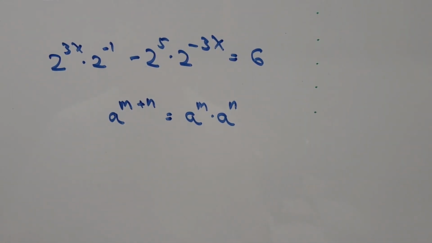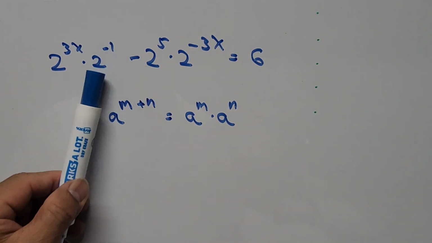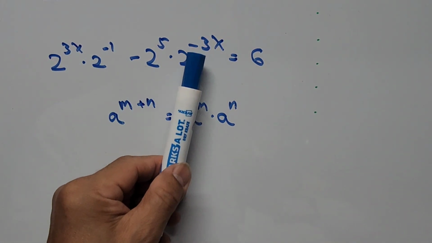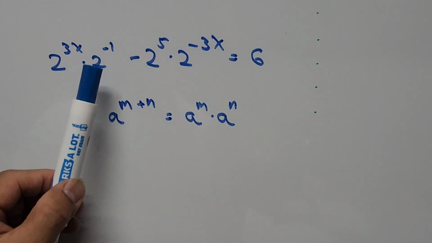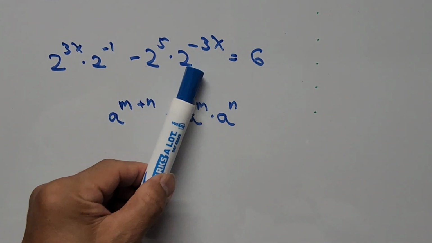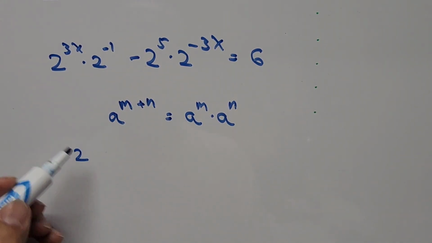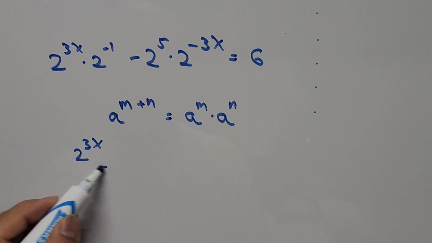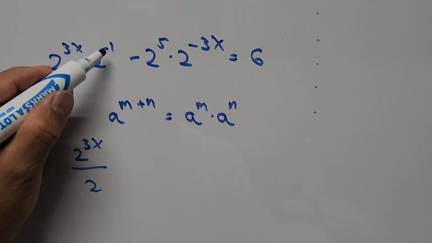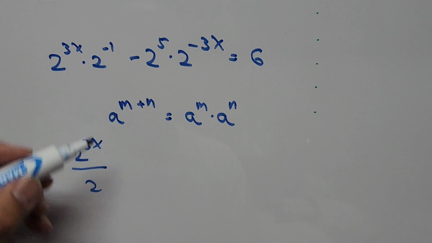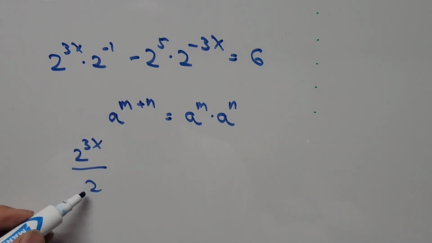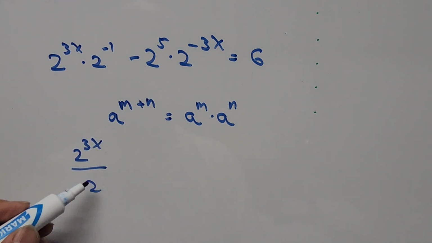Considering the left-hand side of the equation, if you notice, some of the exponents are negative: 2 to the power of negative 1, and here 2 to the power of negative 3x. So we can put these down into the denominators. The left-hand side is now written as 2 to the power of 3x divided by 2 to the power of negative 1, which going down to the denominator becomes positive 1, simply 2 to positive 1.